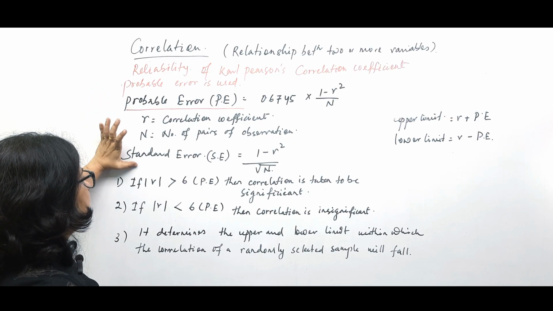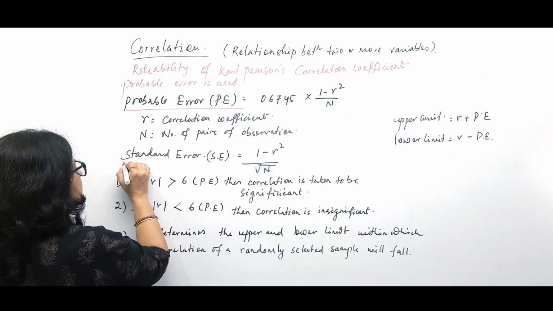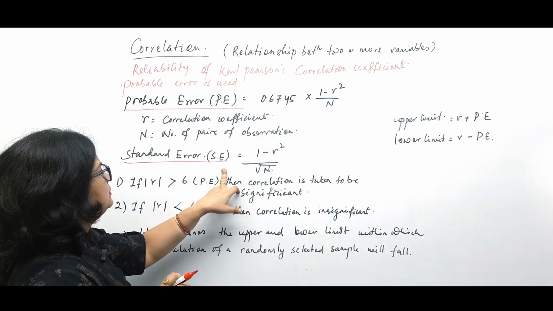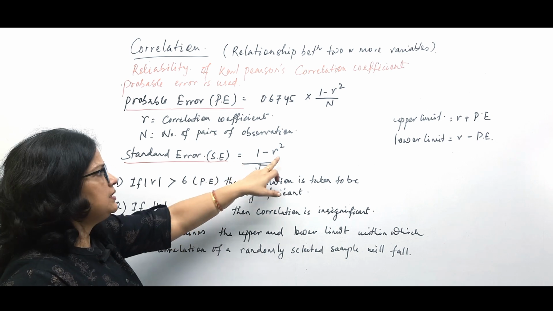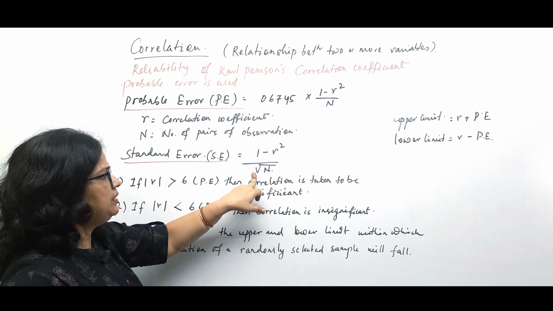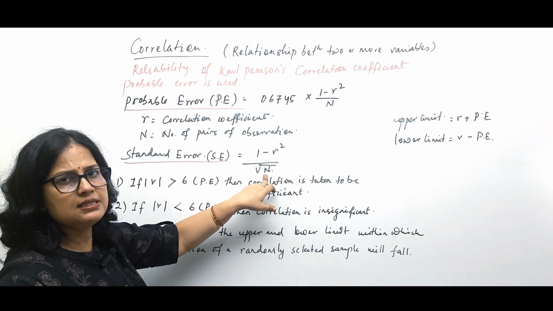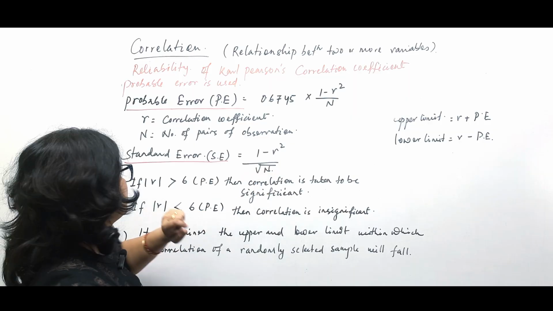Then we need to calculate the standard error. Standard error is equal to (1 minus r square) divided by root over of n. r is the correlation coefficient and n is the number of observations.